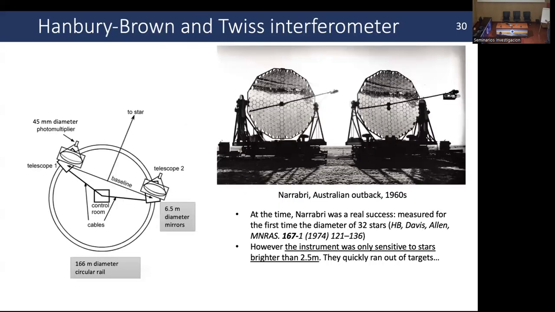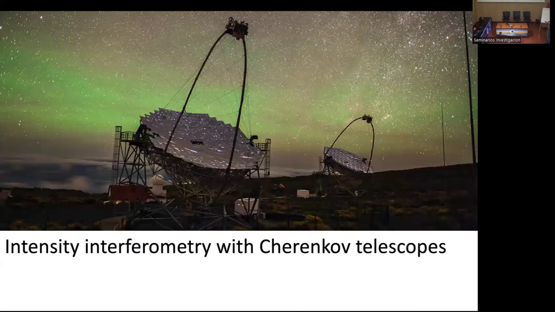This was actually done back in the 1970s in Australia by these fellows here. However, the instrument was not very sensitive because the telescopes were not very big, and also the electronics was slow. Okay. So this technique essentially went to sleep for many decades.